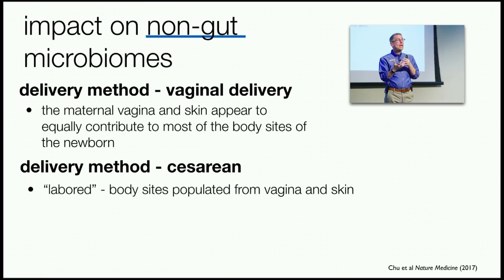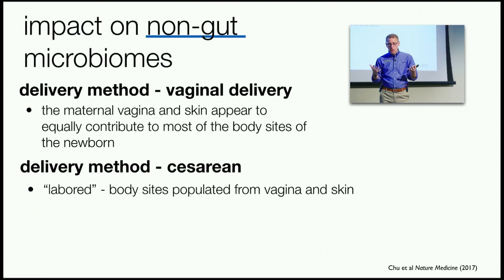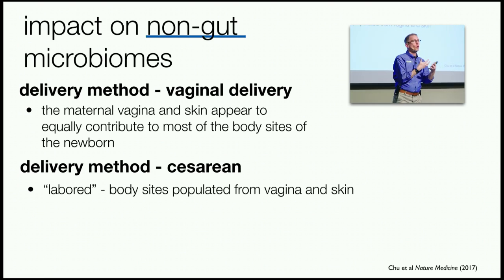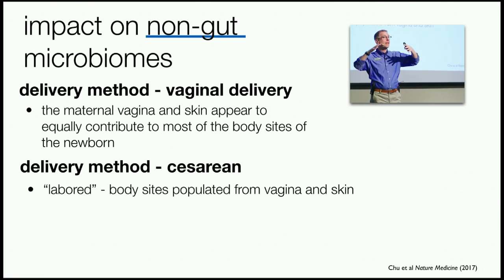Then the skin, because it moved partway into the birth canal, also has that vaginal bacteria on it, and skin bacteria from where the mother, the father, or the caregivers hold the baby.